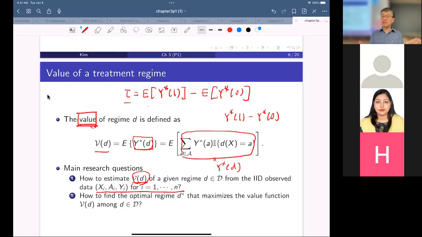If the value of D1 is greater than the value of D2, then we want to choose D1. And with multiple regimes, we want to do some optimization. Eventually we want to find the optimal regime.